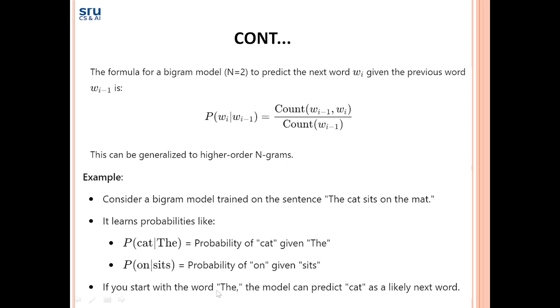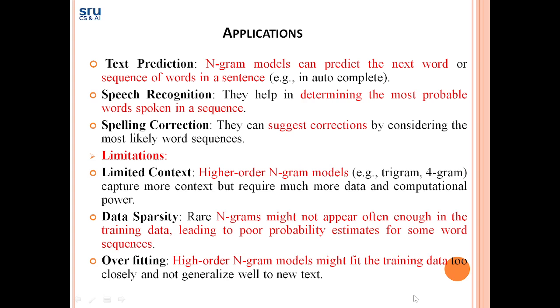If you start with the, the model can predict cat as the likely next word. Applications are text prediction, speech recognition, spelling correction, but it has certain limitations, such as limited context, data sparsity, overfitting.